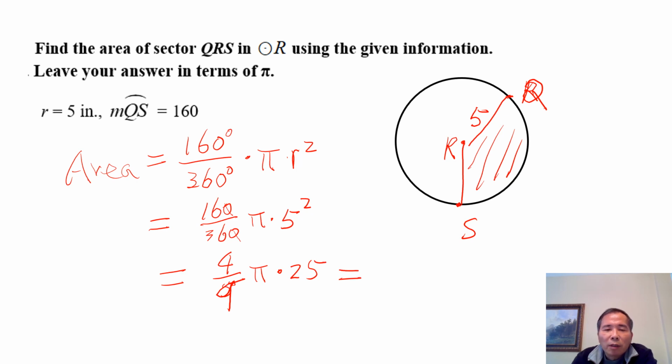Eventually it is 4 times 25, which is 100, divided by 9, and we just leave pi there. So that's the answer: this area is 100 over 9 pi.